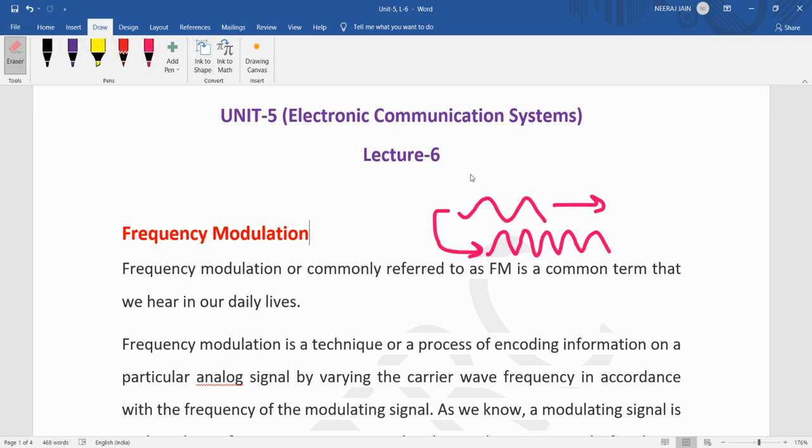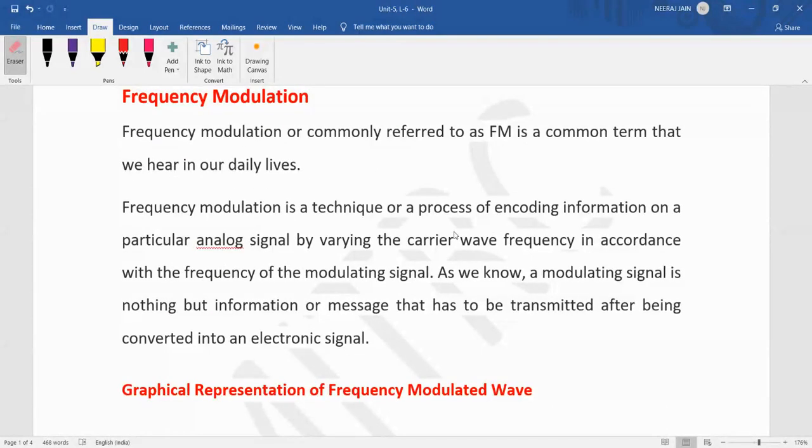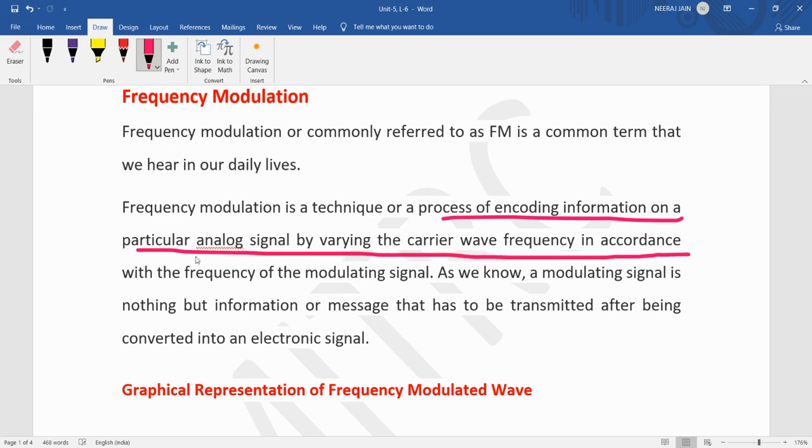In general terminology, we call it FM. We hear about frequency modulation a lot in our daily lives. It is a technique or process of encoding information on a particular analog signal by varying the carrier wave frequency in accordance with the modulating signal.